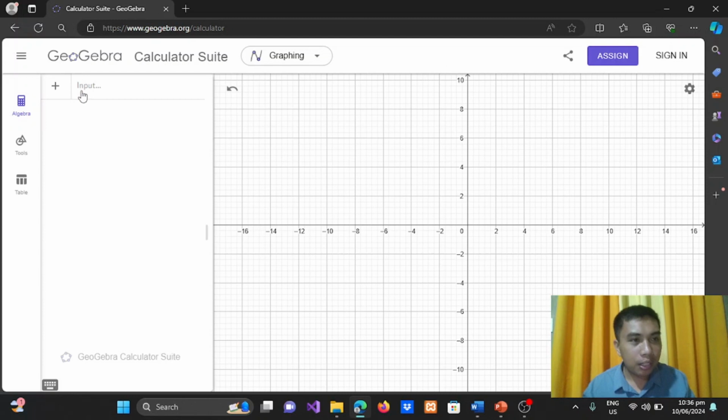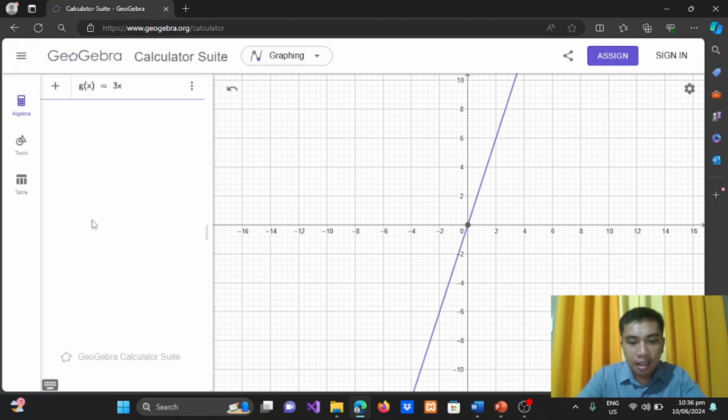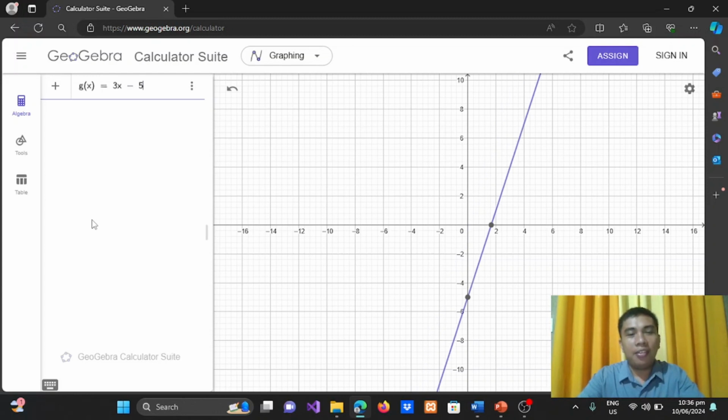We just simply put that one in here. So type g of x then equals 3x then minus 5.